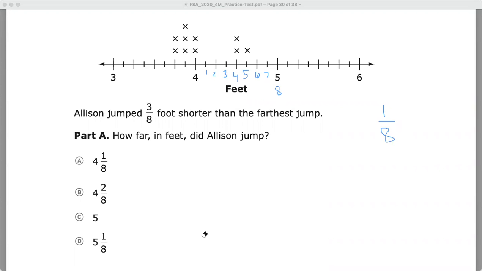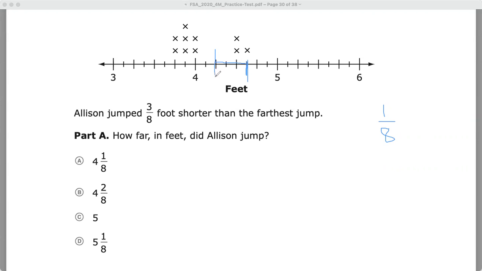So Allison jumped 3/8, or 3 of those spaces, shorter than the farthest jump. So if the farthest jump is right here, we're going to go 3 backwards. 1, 2, 3.